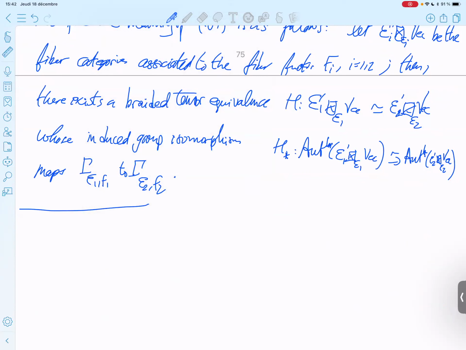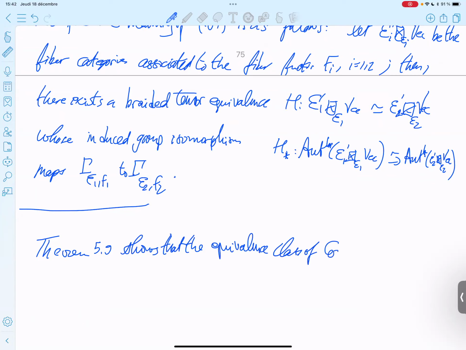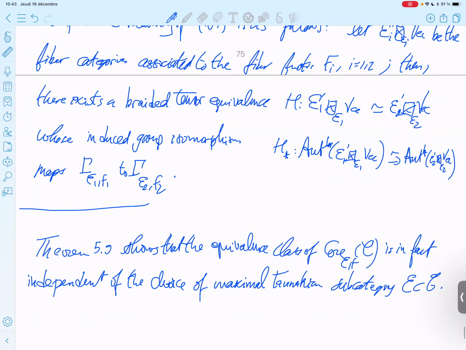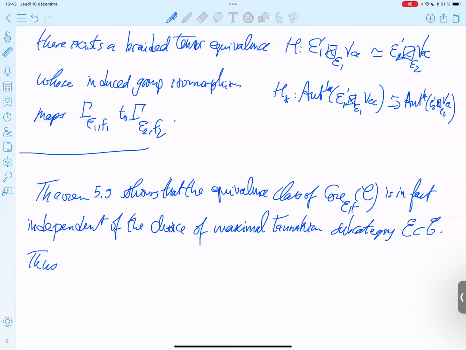It expresses the independence. Theorem 5.9 shows that the equivalence class of the core is in fact independent of the choice of maximal Tannakian subcategory in C. That's why we can refer to the core, not a core.